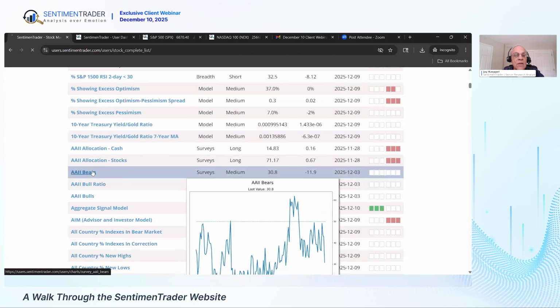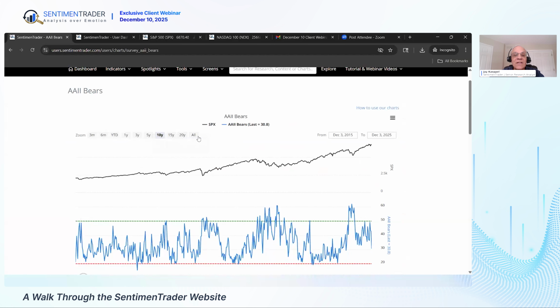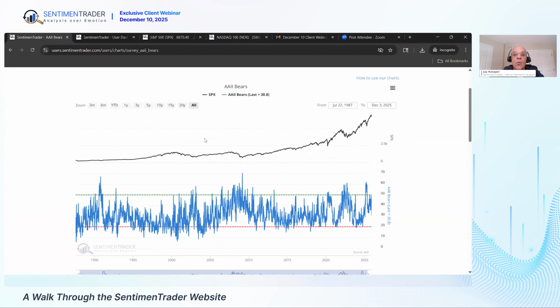Now, I'm going to start with the American Association of Individual Investors percentage of bears. They do a survey every week. And here's a couple things to note about indicators. Not every indicator is a buy signal.